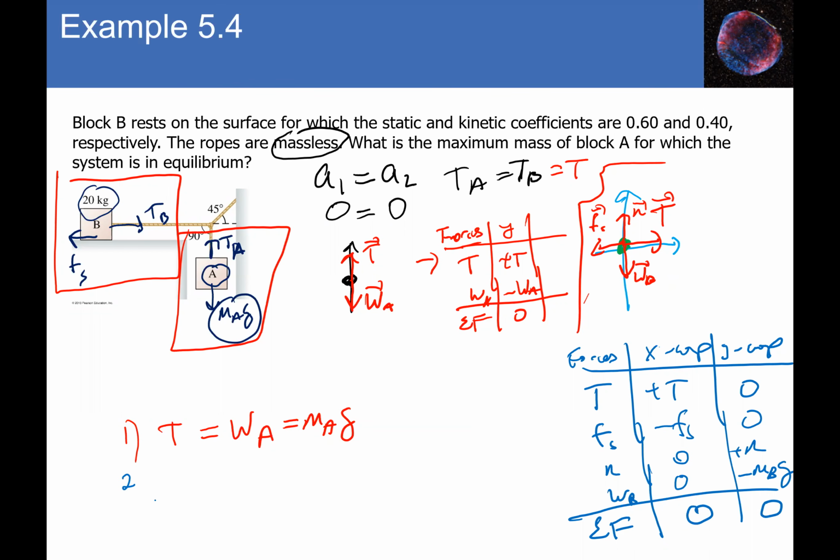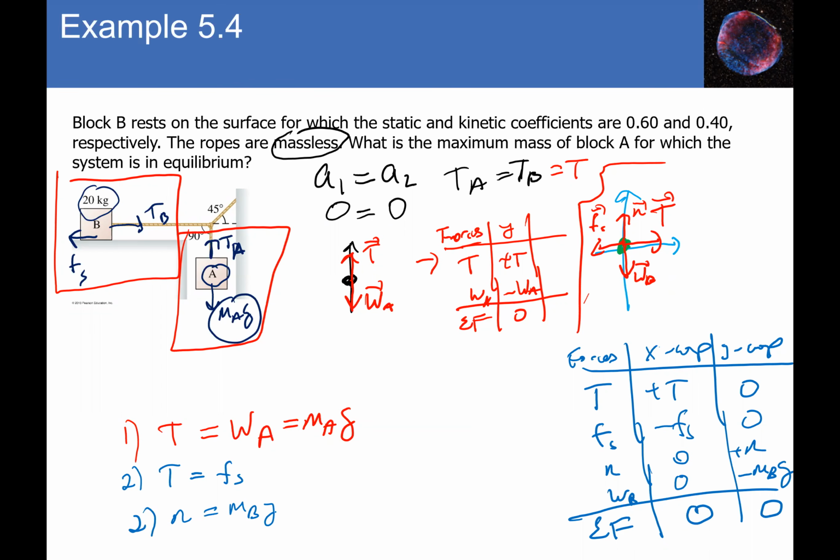Equation 2 will be T minus F of S equals 0, which means T is equal to F of S. Right? Since T minus F of S equals 0, that means T is equal to F of S.